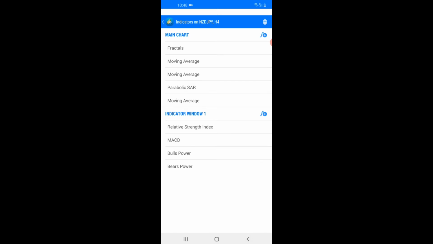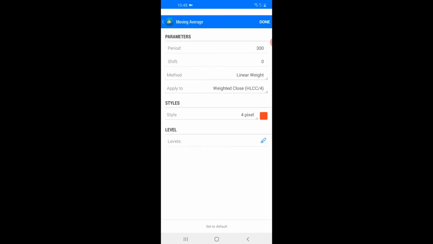The first moving average is the 300 moving average. You set the period to 300, the shift to 0, the method to linear weighted, then apply to weighted close, and you select the color of your choice.